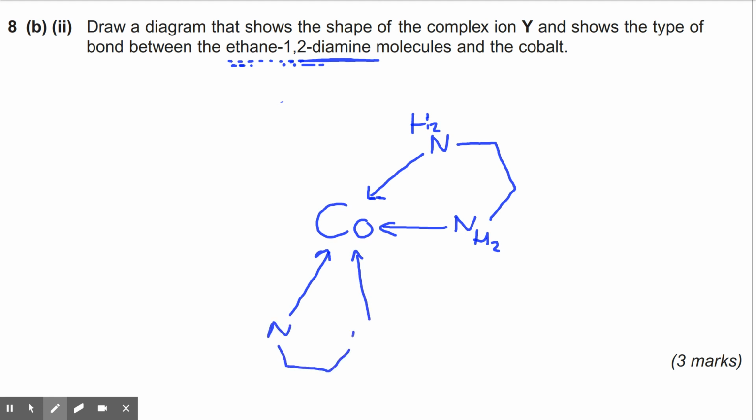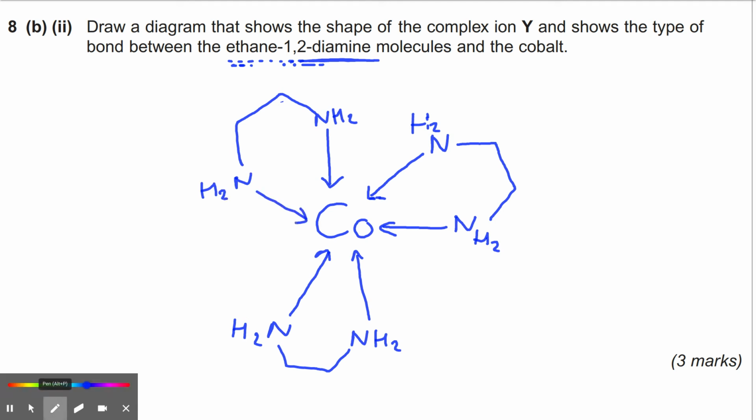So we have 2 more ligands, NH2, coming from another ligand, and we'll have another ligand in this direction, NH2, the carbon backbone, to another NH2, bonding to the central one. And then to really make the point, we'll also make sure we have the lone pair of electrons, which remember are on the nitrogens.